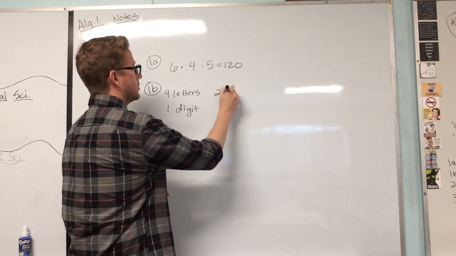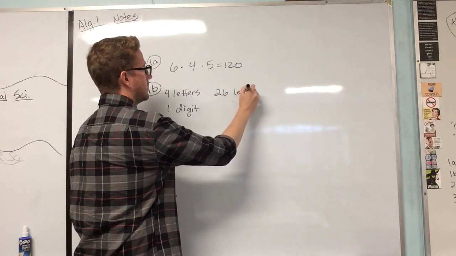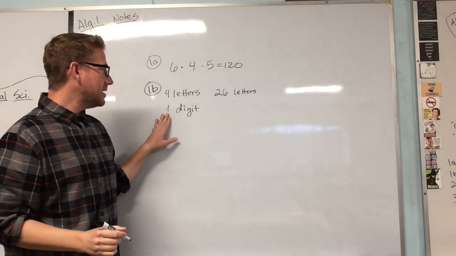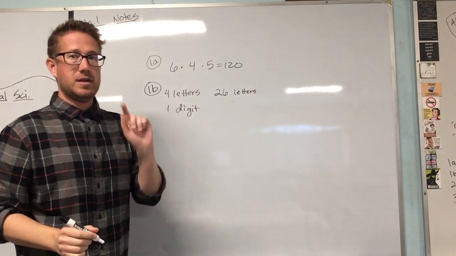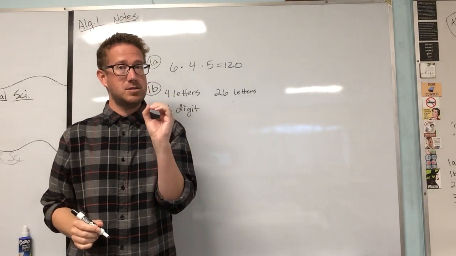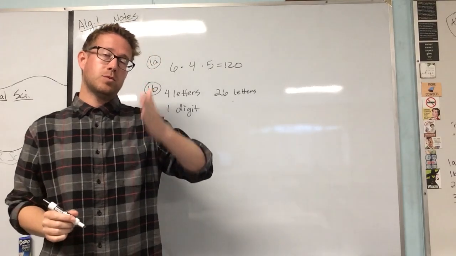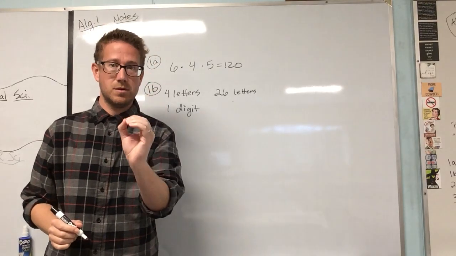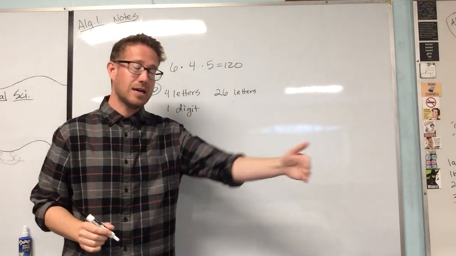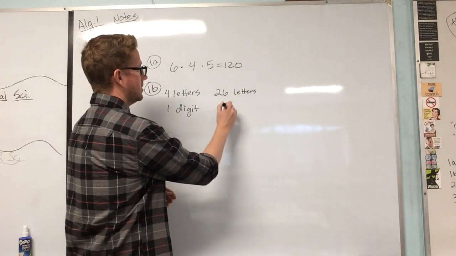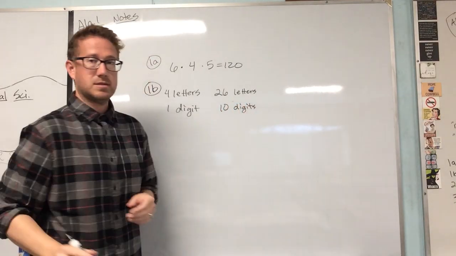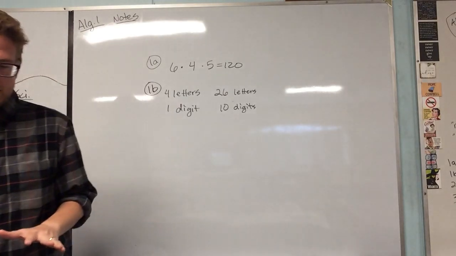There are 26 letters in the alphabet, and then 1 digit. Now 1 digit, we include 0 as a digit. So if you include 0, 1, 2, 3, 4, 5, 6, 7, 8, 9, that means there are actually 10 digits to pick from.